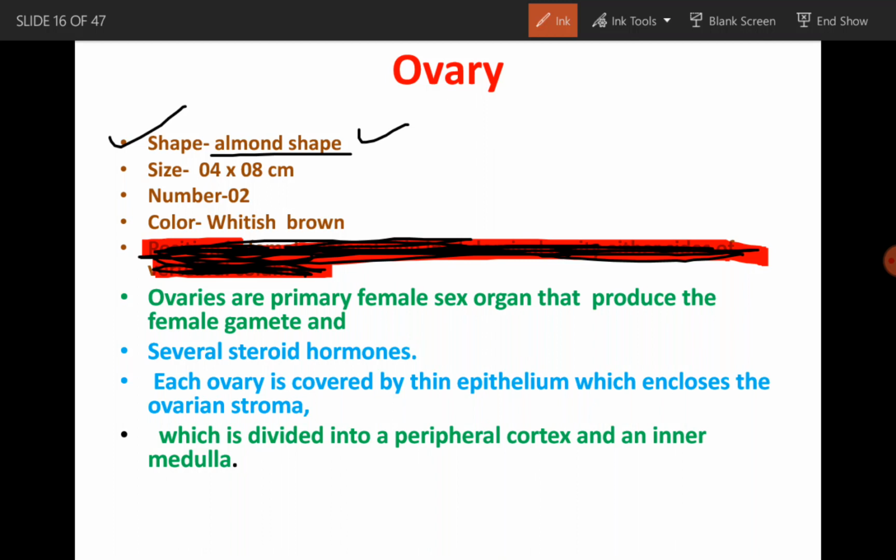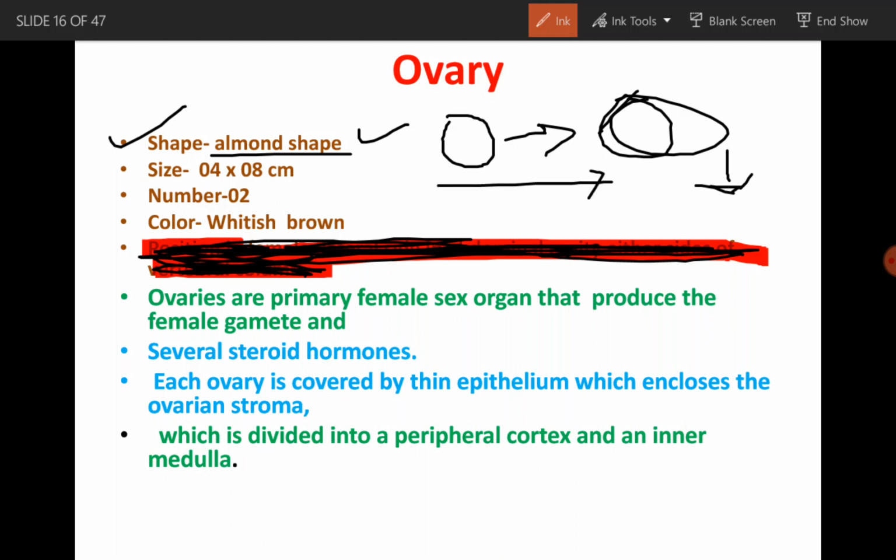So the shape of the ovary is almond shape. It begins from a rounded or spherical shape, then an oval shape, and finally it becomes almond shape.